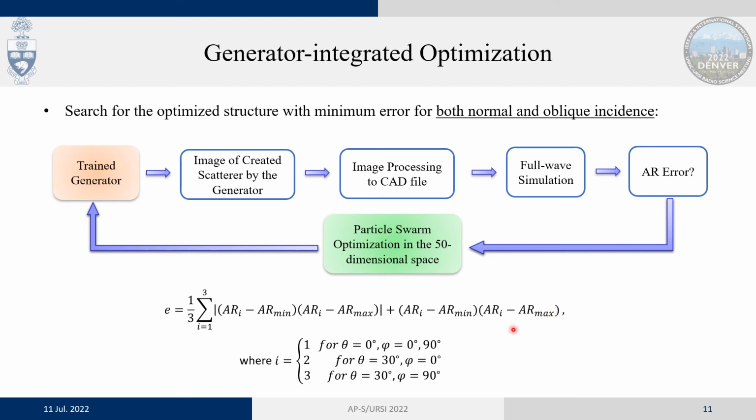We define this axial ratio error for all the normal and oblique incidence up to and including 30 degrees. That way, we can determine if the scatterer is really good enough for oblique performance or not.